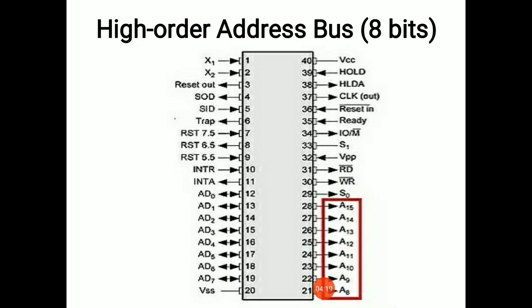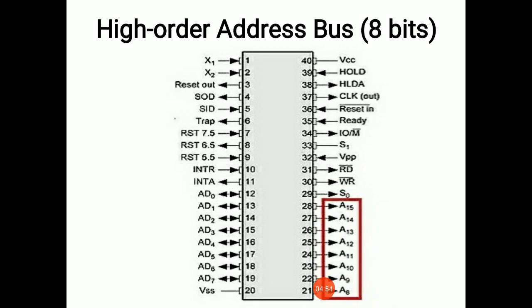As I have already told you, if the microprocessor wants to access any memory location outside the microprocessor, since the memory location has a 16-bit address, the microprocessor will send the 16-bit address to the memory.